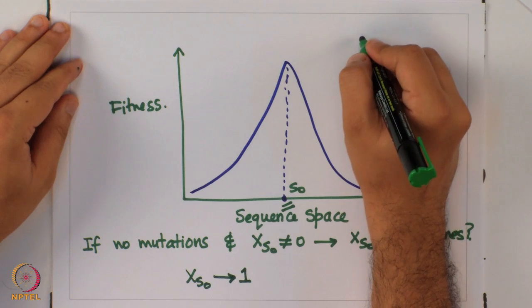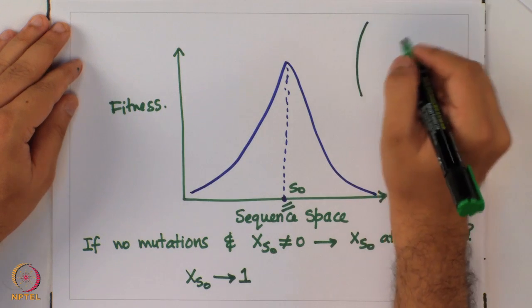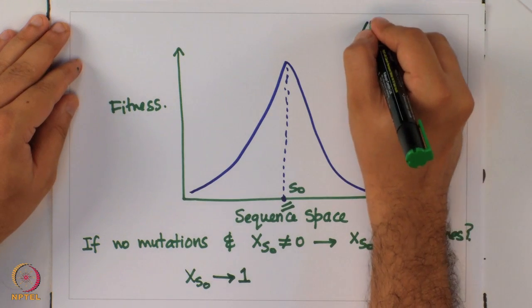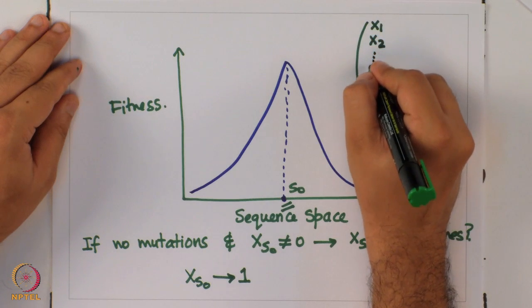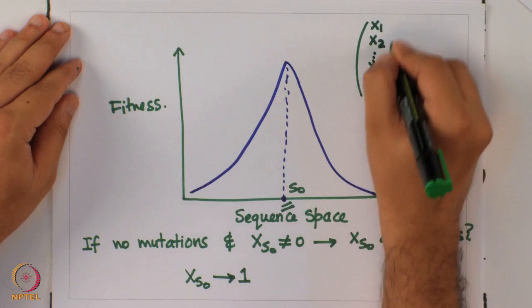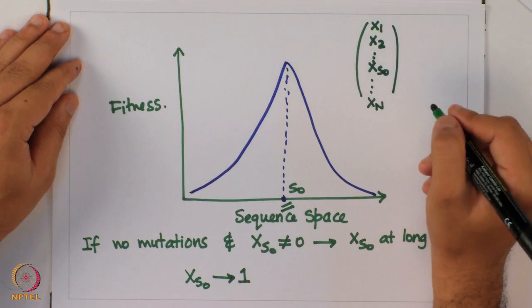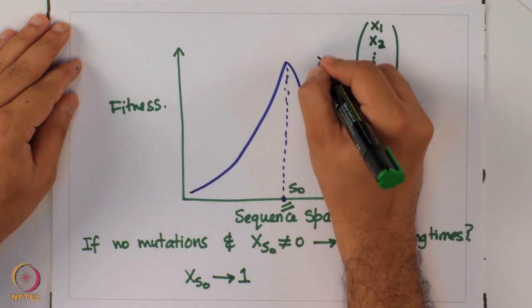If we are looking at the vector which defines the makeup of the population at long times, this was again something that we did a couple of lectures back. We can define the makeup of the population at any given time by this vector x.